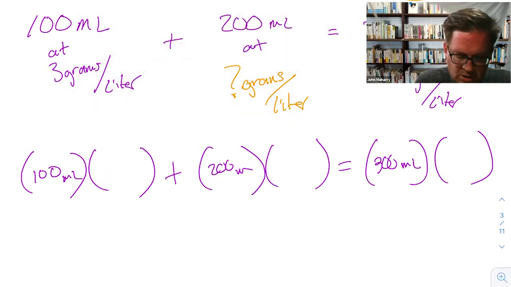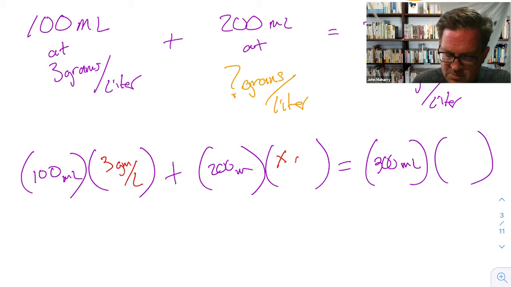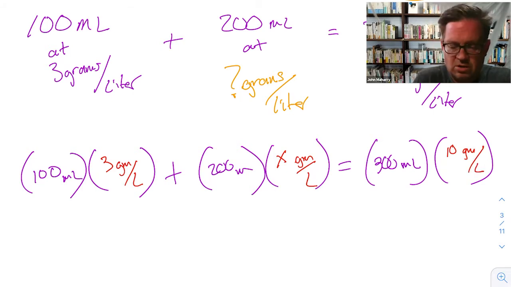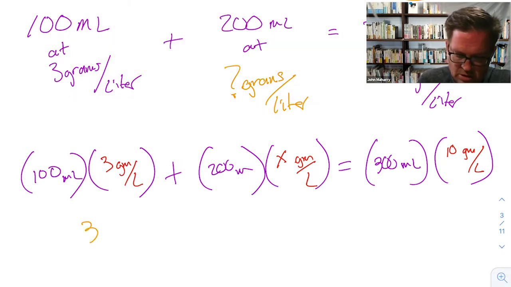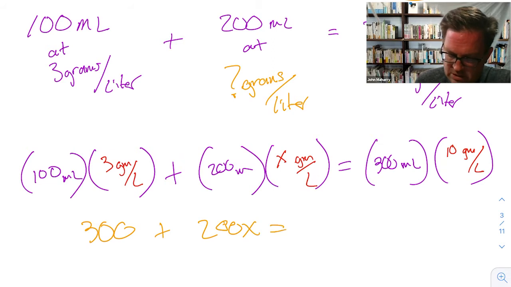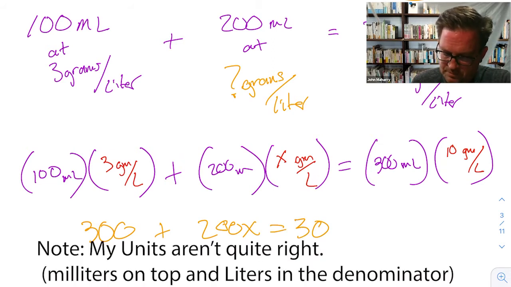So 100 milliliters times 3 grams per liter, and 200 milliliters times X grams per liter equals 300 milliliters at 10 grams per liter. And once you've got your units all lined up very nicely, the math just becomes 300 plus 200X equals 3,000. Did I do that right? Yeah, 3,000.